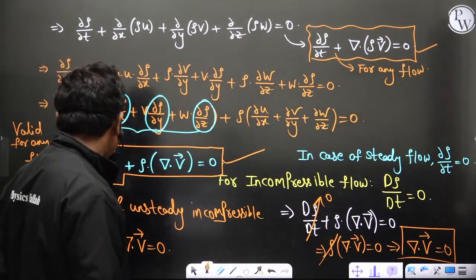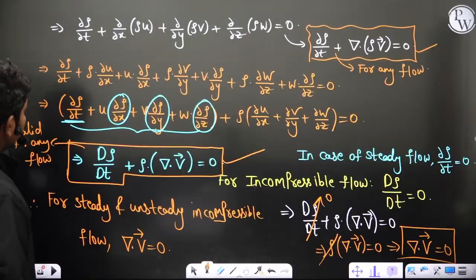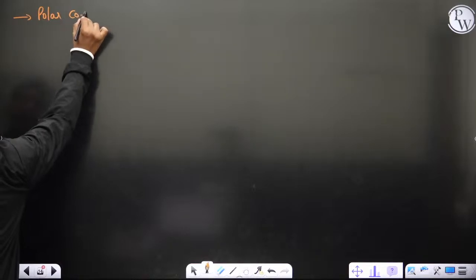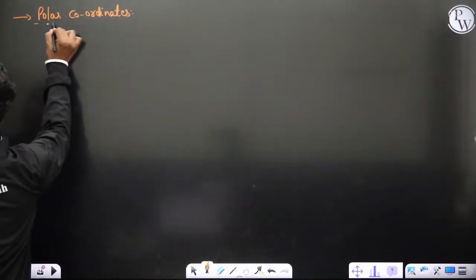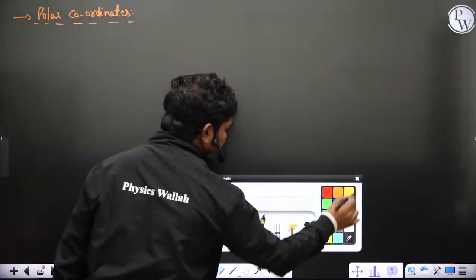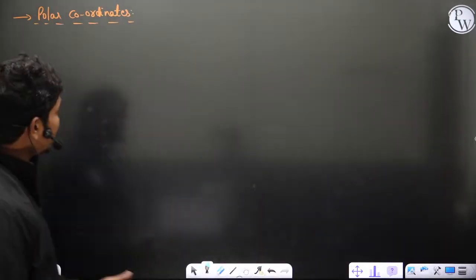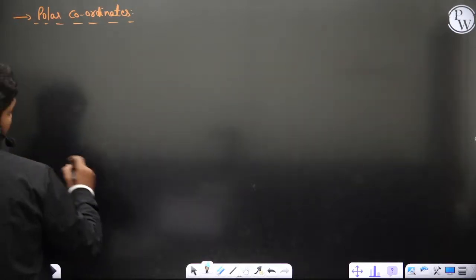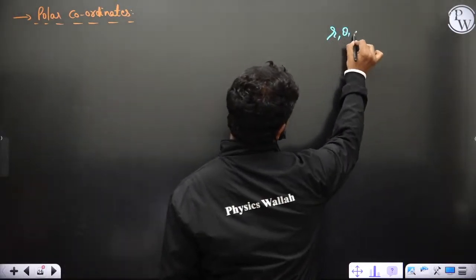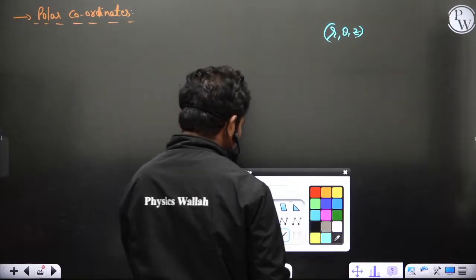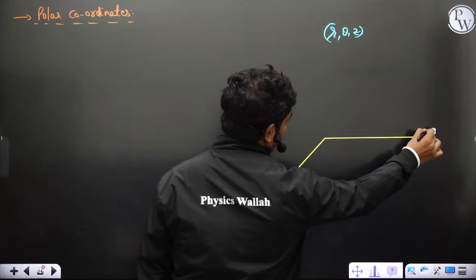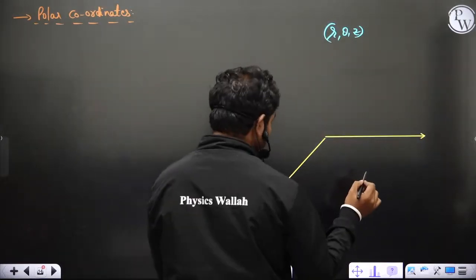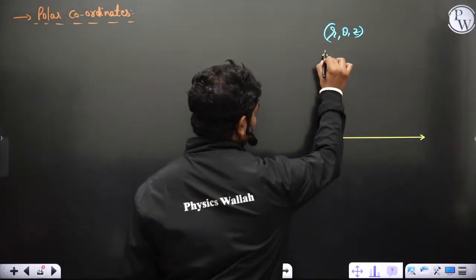Okay, now let us see this same story in polar coordinates. In polar coordinates, you have the r, θ, z system as usual. So let us suppose you have the xy plane, and also the z plane actually.